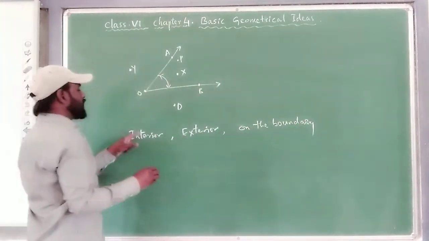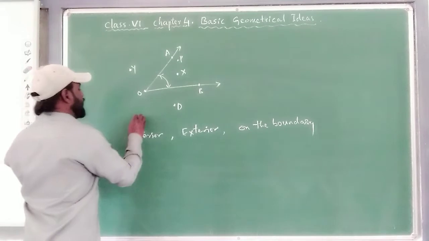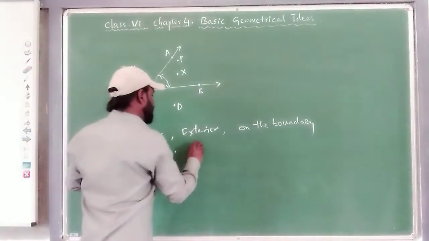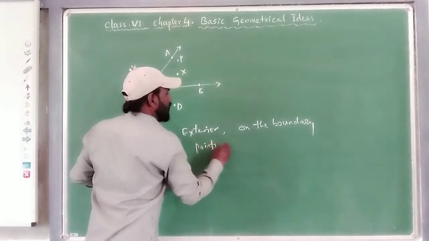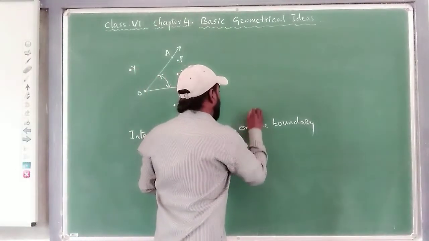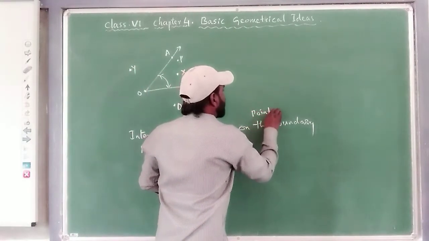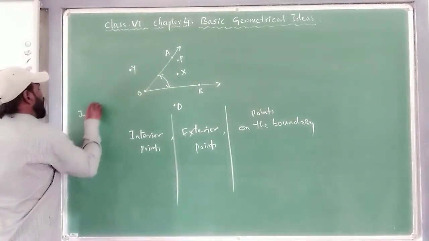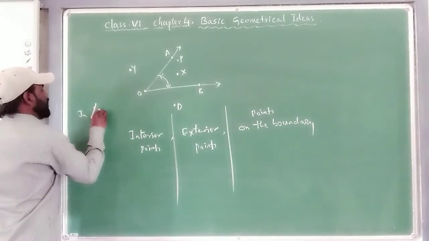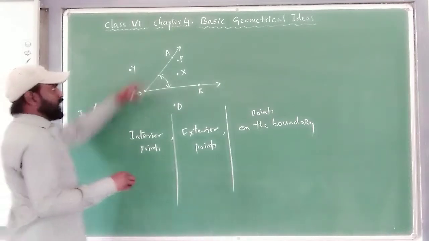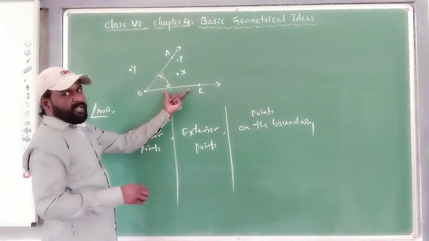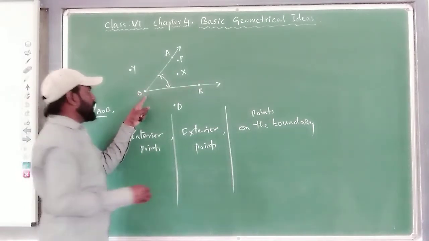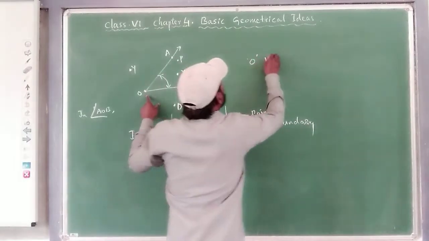So the points which are interior points, exterior points, and points on the boundary. If the angle is angle AOB, here OA is one ray, OB is another ray, both the rays are having a common point. This is called the vertex. O is what? Vertex.